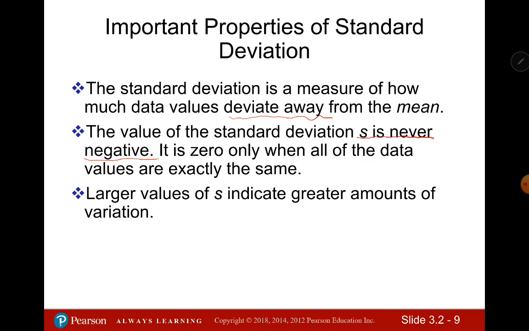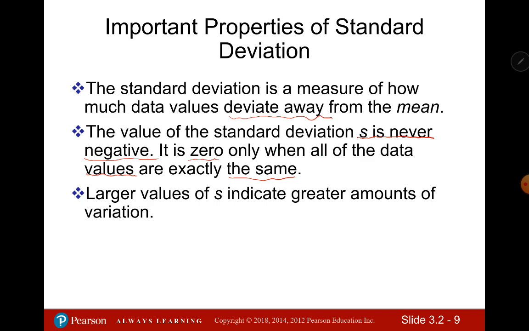But it's possible to be 0 if all the values are the same. If all the values are the same, then there is no variation, right? So the standard deviation is just 0.